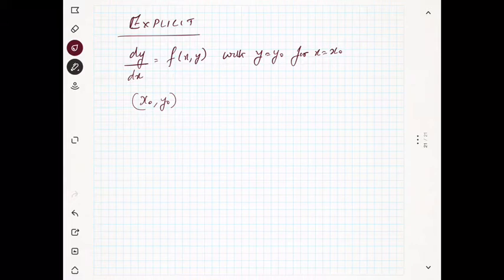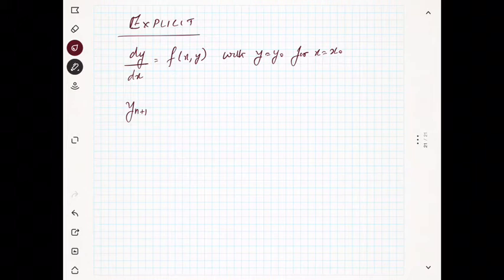And I told you that in single step we will find x1 and y1 by using x naught and y naught, and in multi-step we will use all other previous information also. So we are starting with x naught and y naught. Now in the explicit method we will calculate our new value of yn plus 1. For example, if y naught is given, we will calculate y1.